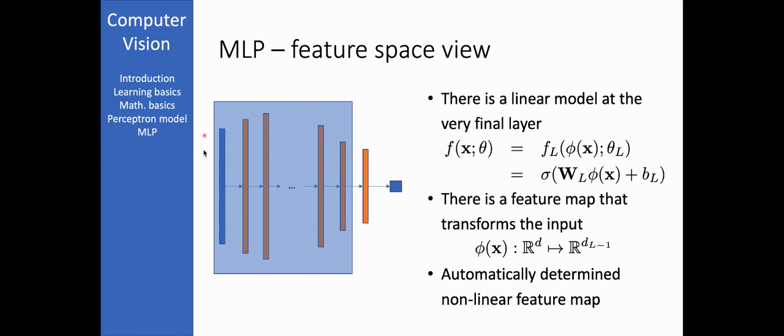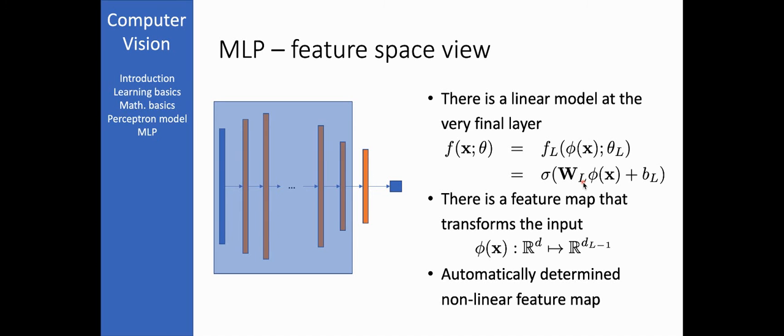It simply takes the inputs and transforms them with linear transformations followed by nonlinearities through the hidden layers. And when it comes here, I don't have the input features, but a transformed version of those features in a nonlinear manner. Mathematically, at the very final layer, I have this phi of x, a nonlinear transformation of the input.